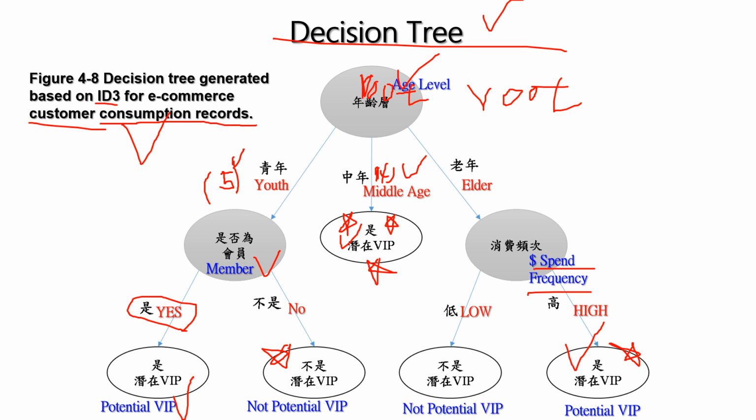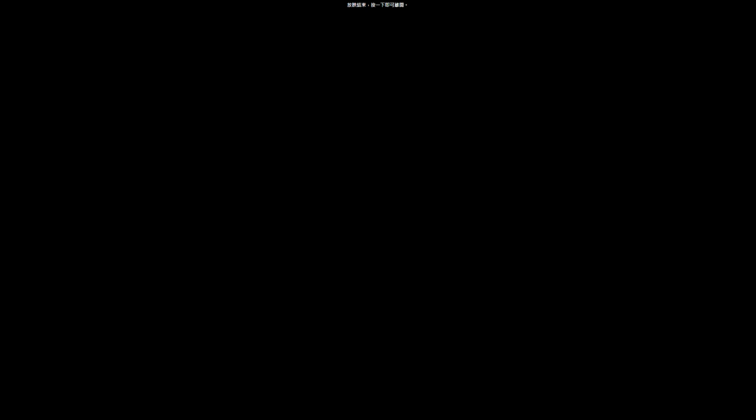And also, they spend less, okay? And spend low, right? It's not a potential VIP. So for the operation management, we need to focus on right here, and right here. 3 parts about the potential VIP.